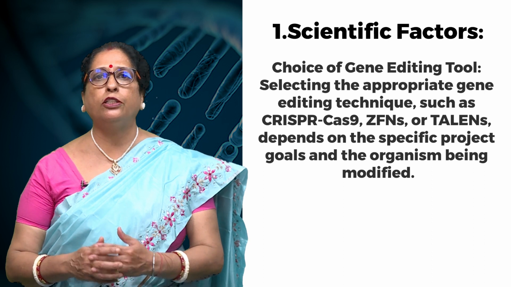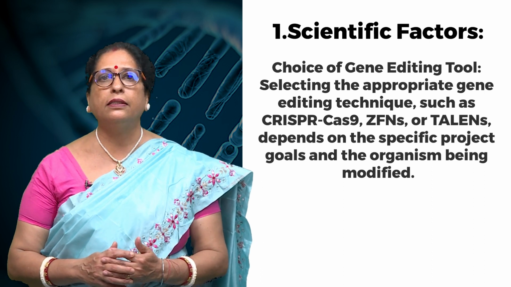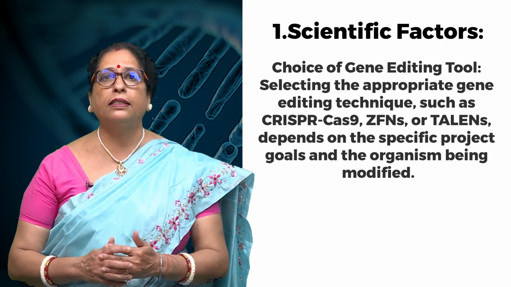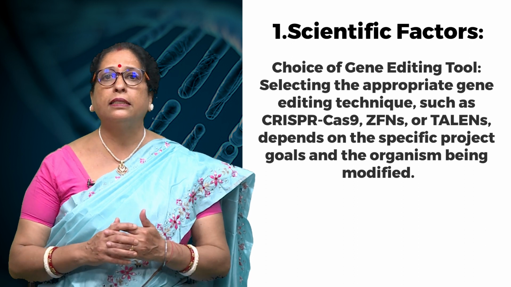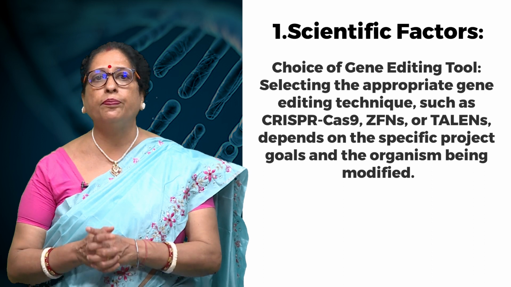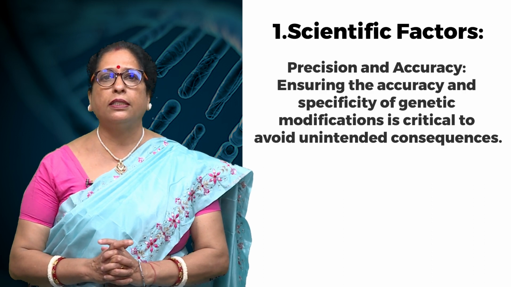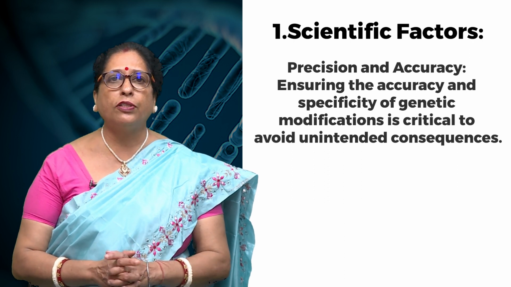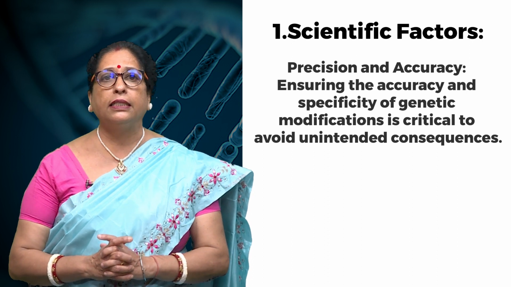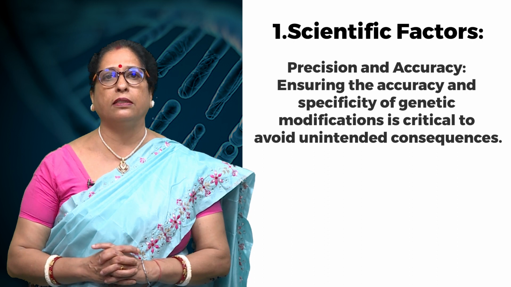Choice of gene editing tools: selecting the appropriate gene editing technique, such as CRISPR-Cas9, ZFNs or TALENs, depends on the specific project goals and the organism being modified. Precision and accuracy: ensuring the accuracy and specificity of the genetic modification is critical to avoid unintended consequences.